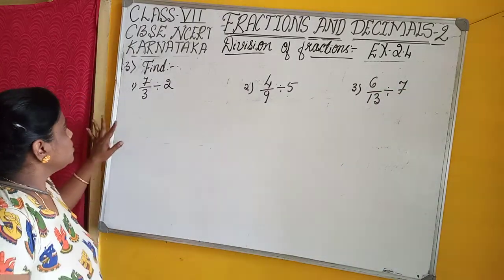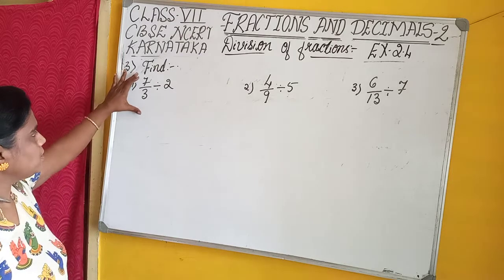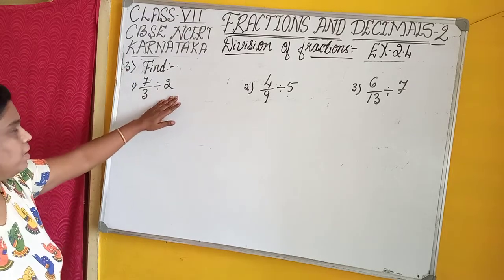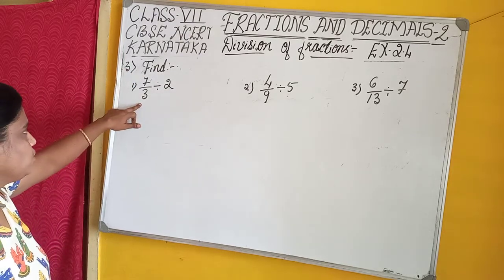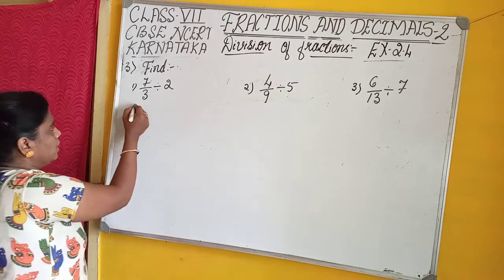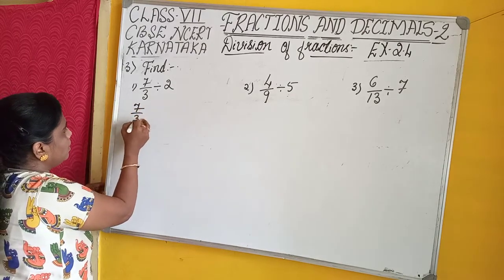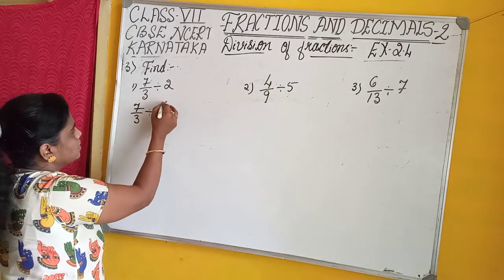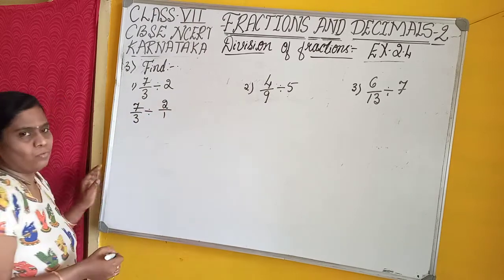In this we have to divide a fraction by a whole number. Let us take 7 by 3, and this whole number is written as 2 by 1.